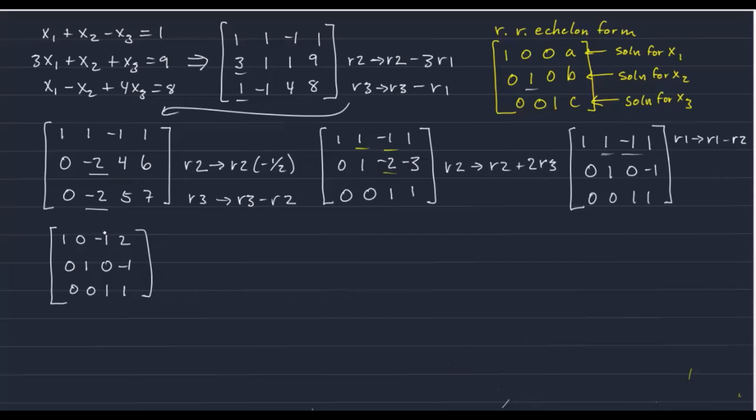And then the last step, we just need to get rid of this minus 1. So let's take row 1 and subtract row 3. Sorry, we have to add row 3, because this is a positive 1 plus a minus 1 will give us a 0. 2 plus a 1 is a 3.